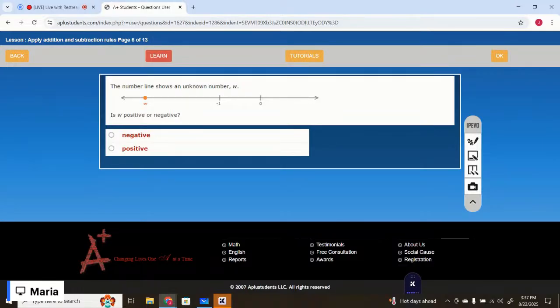The number line shows an unknown number W. Is W positive or negative? It would be negative. Option number one is the correct option.